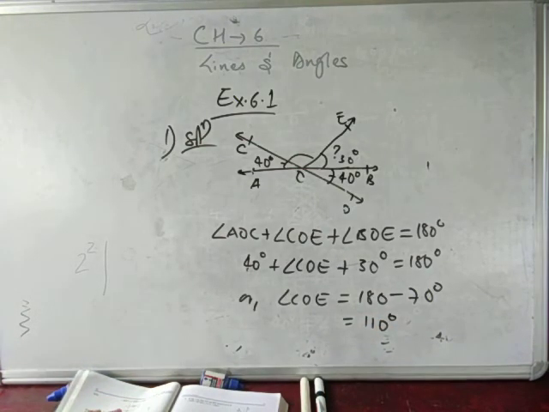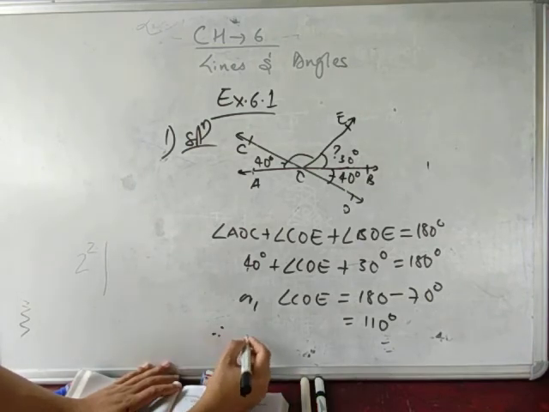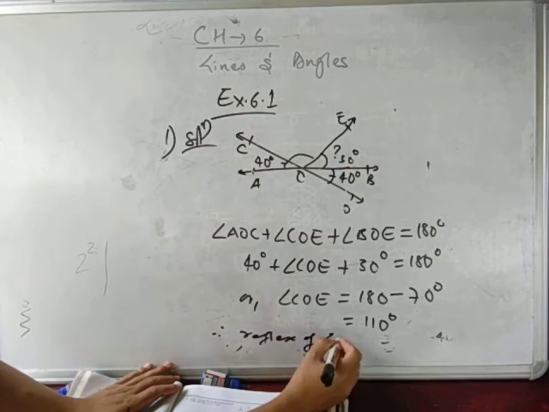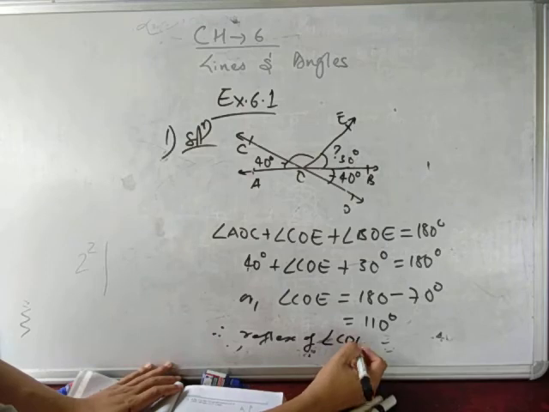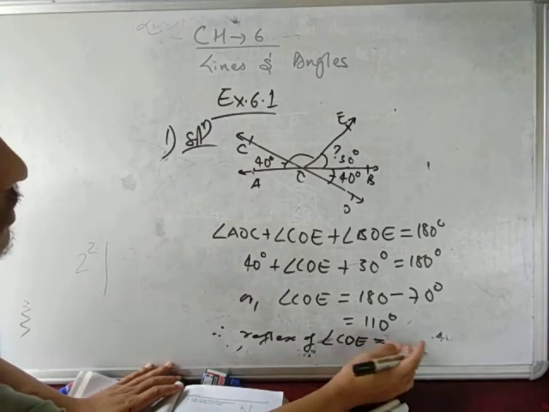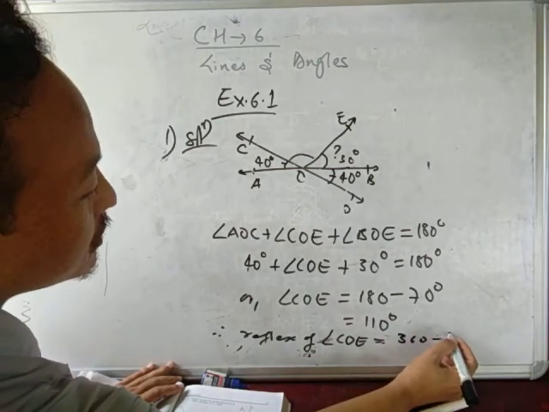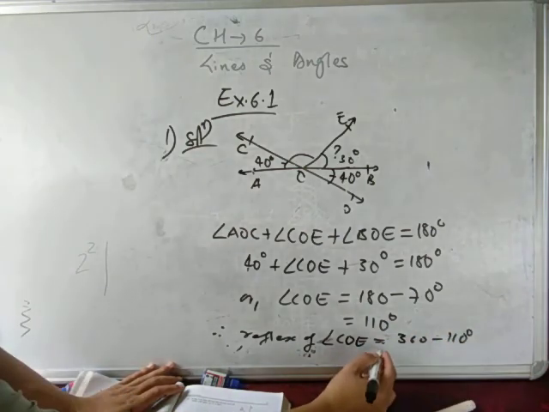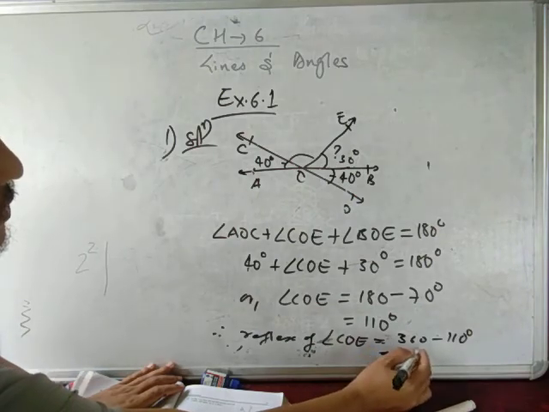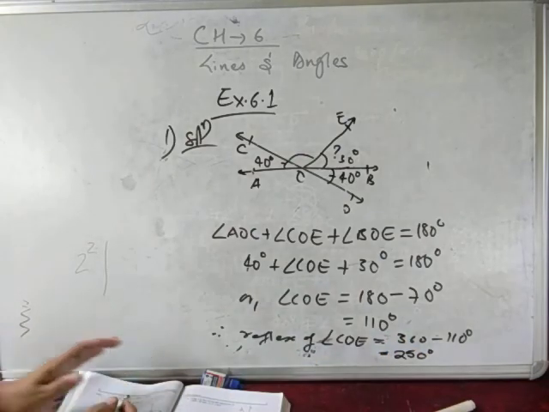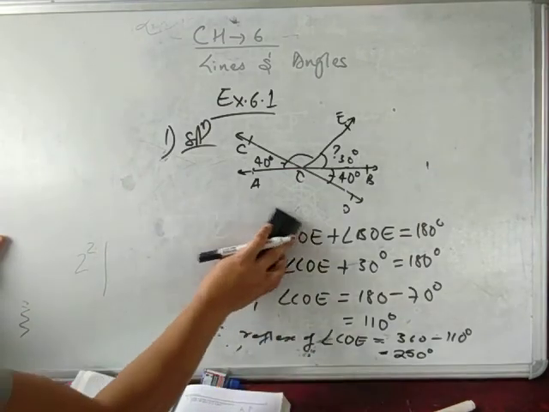Right? So now, reflex of angle COE, just now we discussed, is 360 minus the angle. So 360 minus 110, so 250.